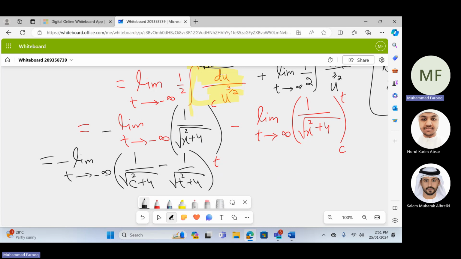Yes or no? I put the upper limit and minus the lower limit. Is it okay? Do the same thing here. Now minus sign, limit c approaches positive infinity. The upper limit is now how much? t. So 1 over the square root of t squared plus 4 minus 1 over the square root of c squared plus 4.